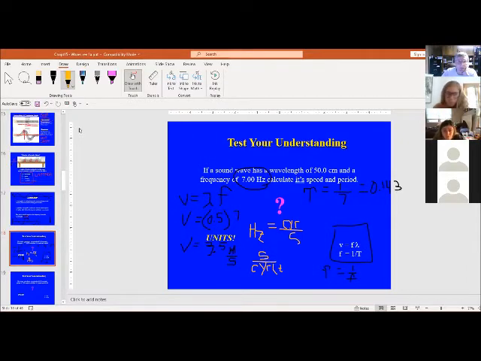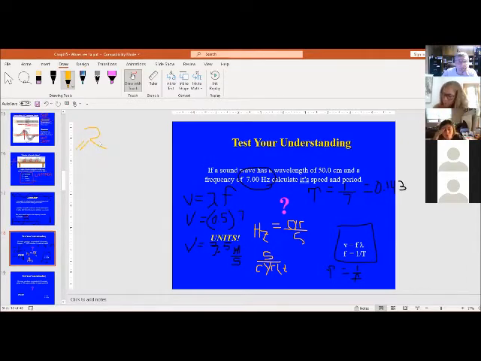So the units of lambda are meters, but it's really meters per cycle. What about tau? The period, well, that's really seconds. But once again, it's really seconds per cycle.